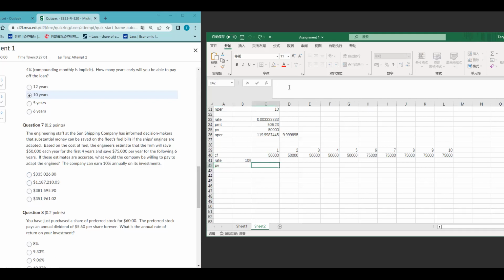So for this one, use the PV function. The rate, use the F4 rate number of the first year. PMT now we negative.